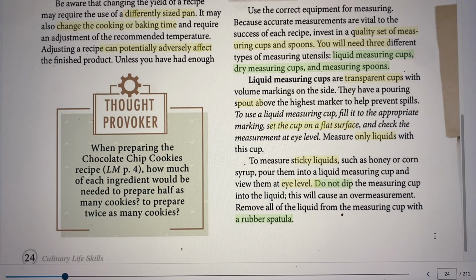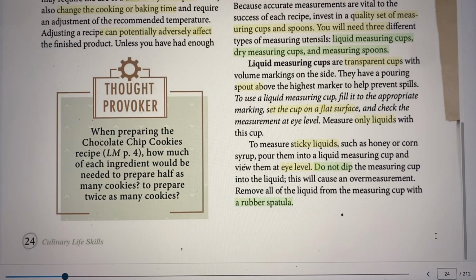They're usually transparent, usually glass, sometimes not glass, but they come in glass. They have a pouring spout in the front, and they're the kind you set flat on the surface, and then you look down with your eyes level to see where it's measuring in that measuring cup. So measure only liquids in this cup.